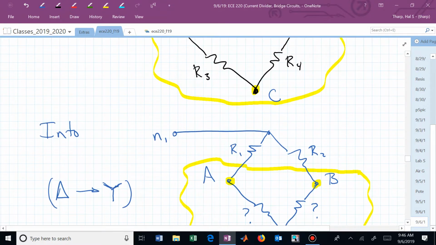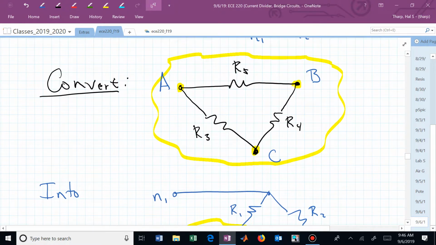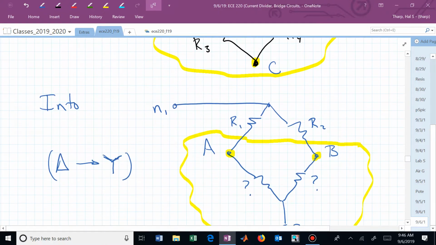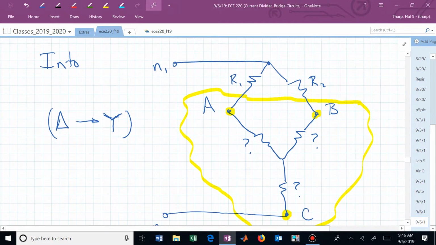So here what I've done is I've taken the bottom delta and converted it. I want the resistance seen between A, B, and C to be the same in this delta configuration as it is in this Y configuration, and we need to figure out what those question marks are. But if I can now replace the delta with a Y, this is now going from delta to Y. Do you see how that's maybe simplified my analysis?